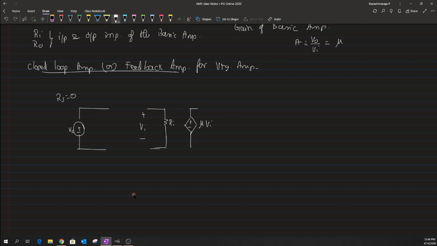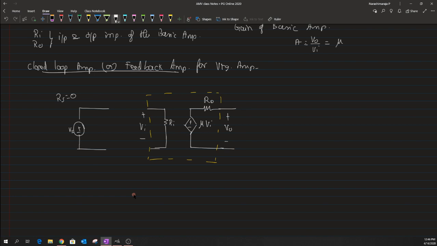It will also have the resistance R naught along with it. So this entire part comprises our basic amplifier, and the output of this basic amplifier will be a voltage which is V naught. Hope that it is clear, where the yellow dotted line specifies the basic amplifier model, which is modeled non-ideal.